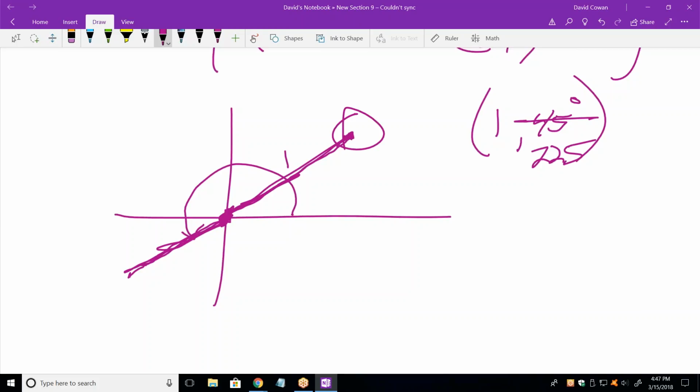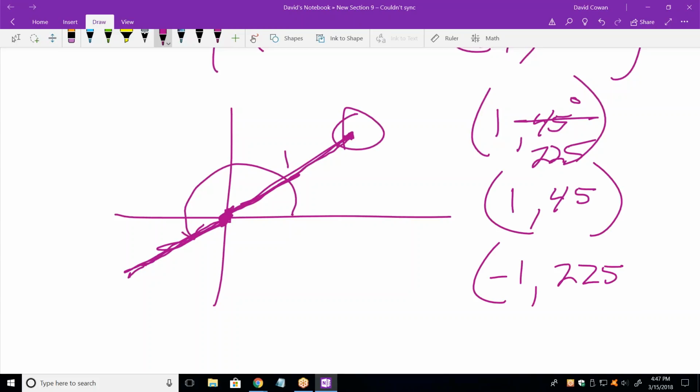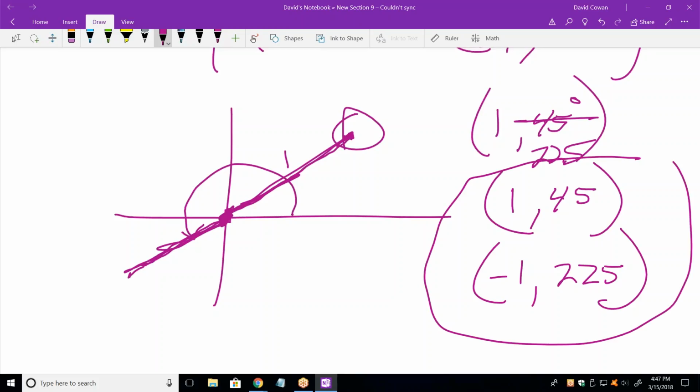So these two polar coordinates are the same: 1, 145 degrees or -1, 225 degrees. So it's important to realize that those two do the same thing. You do the angle first, then you do the amount of r, but you go in the direction of the sign. If it's a positive sign, then you go in that direction. If it's a negative sign, you go the other direction. Right. Okay.